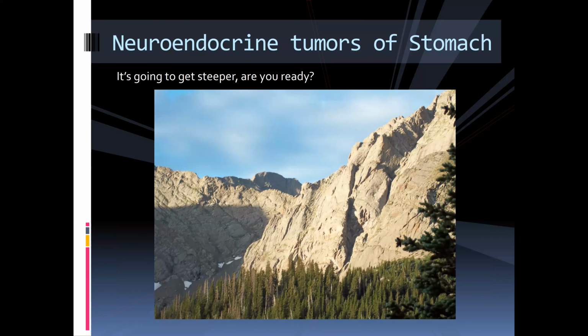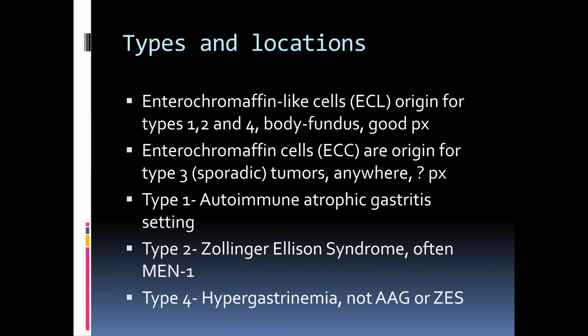Okay, so neuroendocrine tumors. As I say, things can get a little bit steeper. Sometimes people feel like this is the easy part, but it's really a little bit more complicated than it looks on the surface. First of all, there are several different types of neuroendocrine tumors, even though the morphology and the immunohistochemistry may be identical.